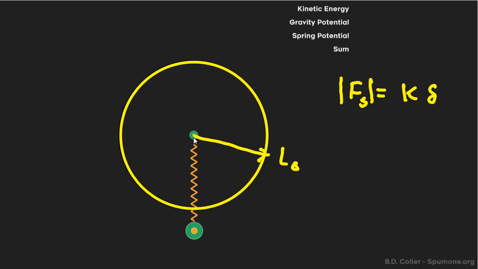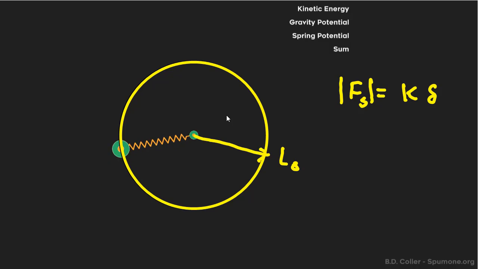So whenever the pendulum mass is outside the circle, the spring is stretched, right? And whenever it's inside the circle, the spring is compressed. The spring will be pushing outward, right? And you can see this spring sort of dances in and out of that circle there.